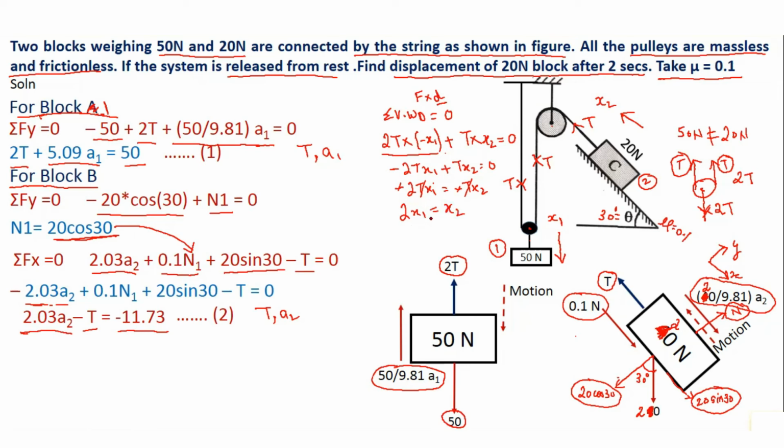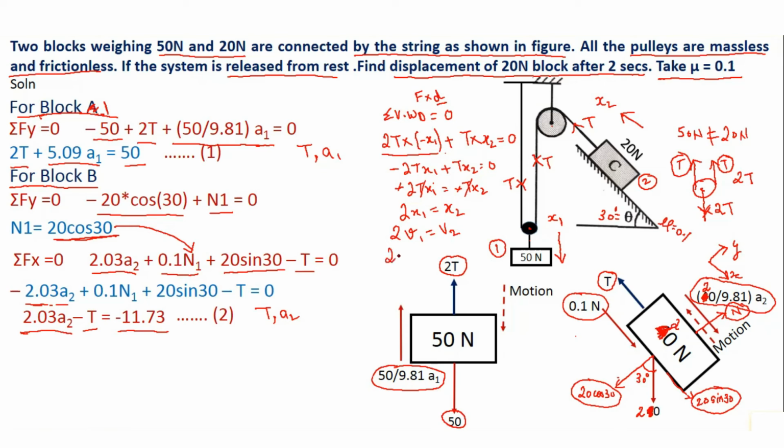Now this is a relation of displacement of body 1 and body 2, but we need the relation between acceleration. So taking derivative on both sides with respect to time, I will get 2 into v1, because derivative of displacement with respect to time is velocity. Here I will get v2. This gives me relation between velocities. Again I will differentiate this equation with respect to time.